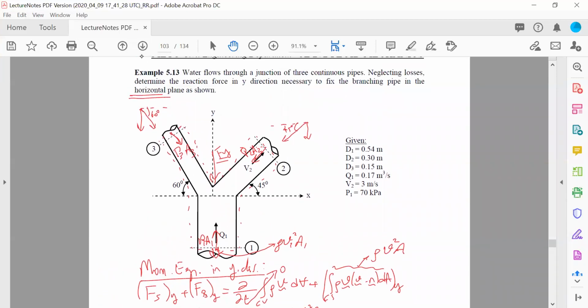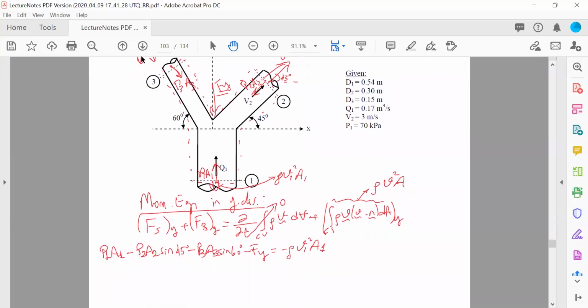Let's go through with section 2. Again in the outward direction, rho v2 square a2, and note that this angle is 45, and again we are looking for sine of that force, and in the positive direction, rho v2 square a2 sine 45 degrees.